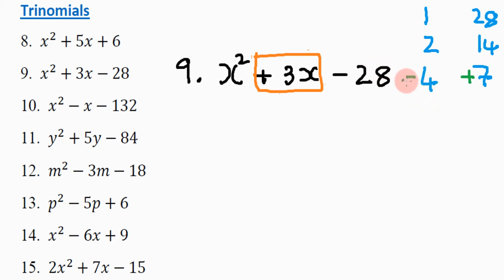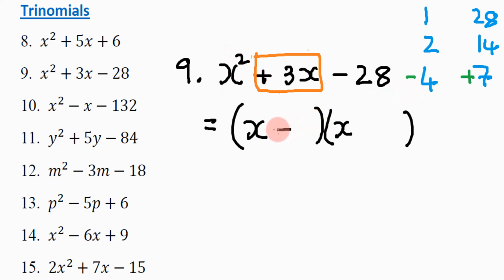Now we check that when we multiply these two numbers, we get negative 28. So negative 4 times positive 7 will give us negative 28. So we know that this set of factors works. So we open two sets of brackets, and then x times x will give us x squared, and we write in negative 4 and positive 7, or plus 7.